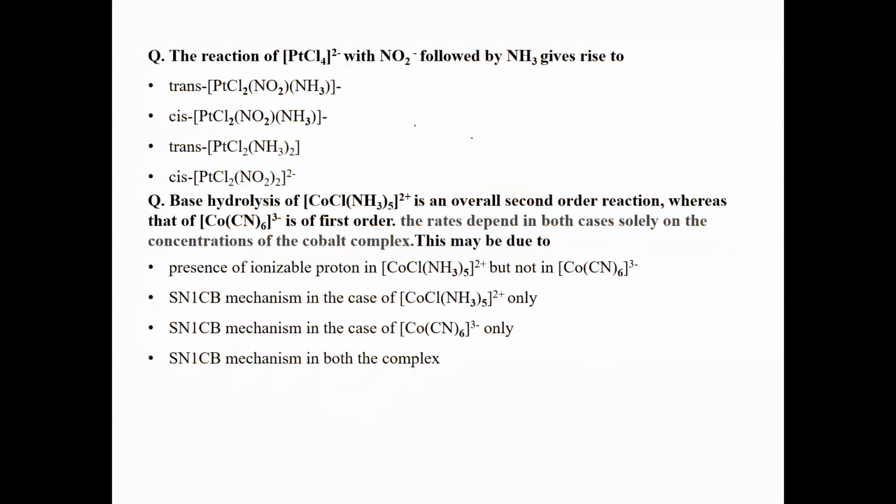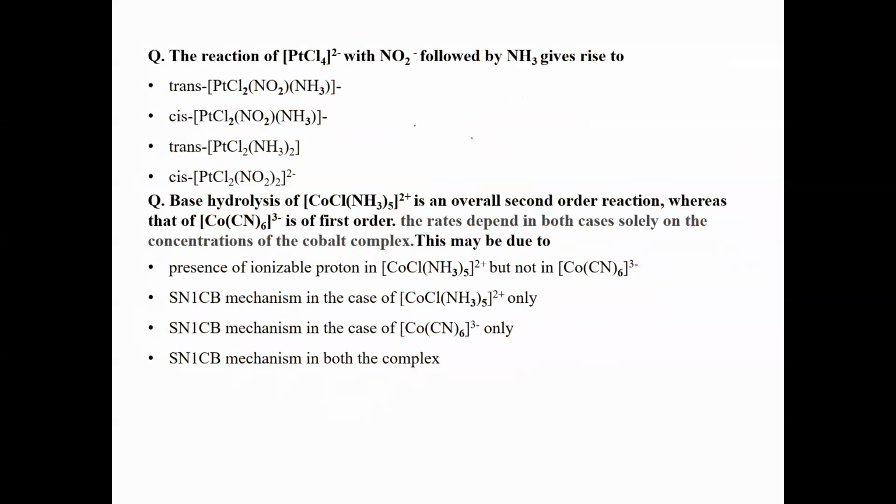The next one is the reaction of this complex with NO2 as the incoming ligand, followed by the ammonia ligand, giving rise to what? Here you also have to apply the trans effect.